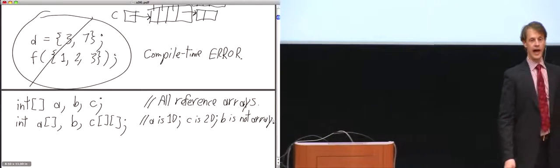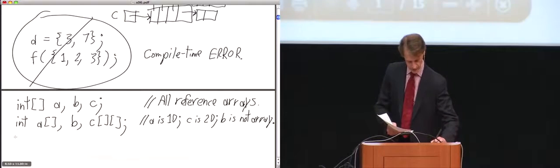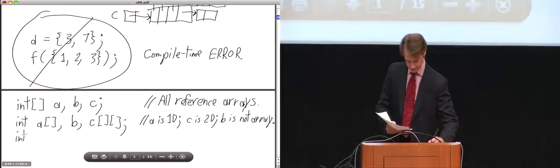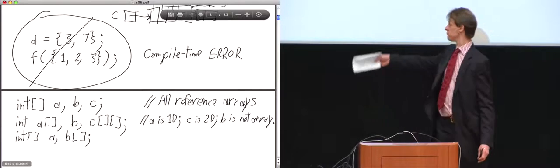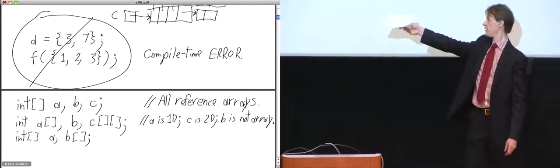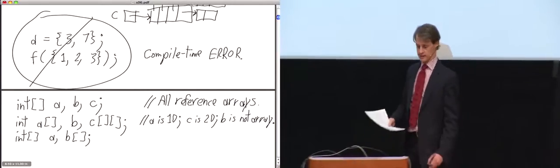And finally, Java actually lets you mix the two styles, which isn't really the most transparent way of doing things, but it does work if you want to, for some reason. So here's an example where I've put brackets on int, I've put another pair of brackets on b. That makes b a two-dimensional array of ints.